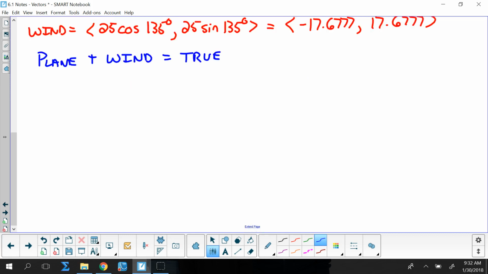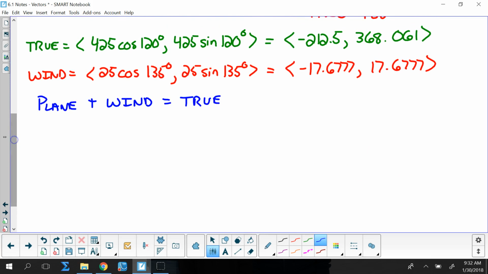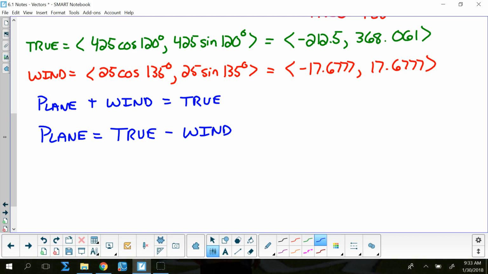So that means I can manipulate that equation so that if I'm looking for the plane, it is going to be my true course, or my actual, minus my wind. Okay? Yesterday, Mrs. Hill called the true ground. Okay, so if you have a G there for ground, that's fine too. Okay? We differ by that, but we're actually talking about the exact same thing.